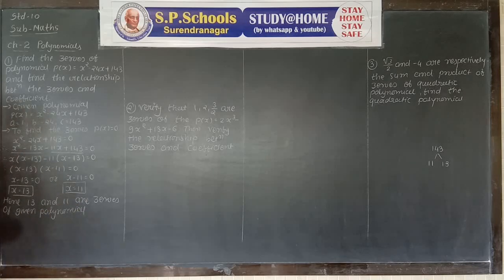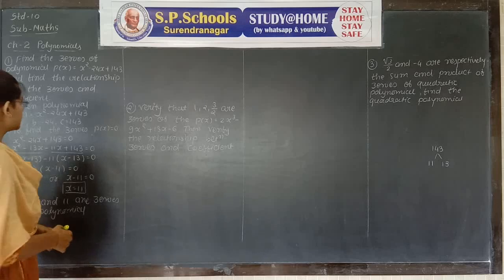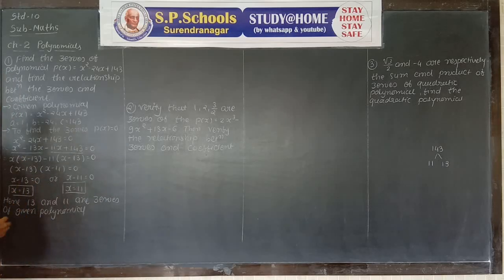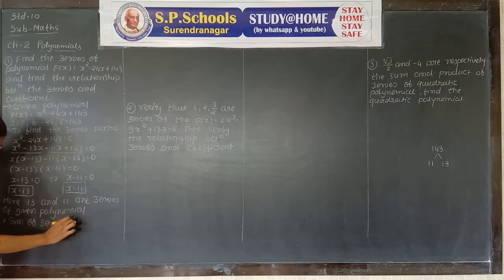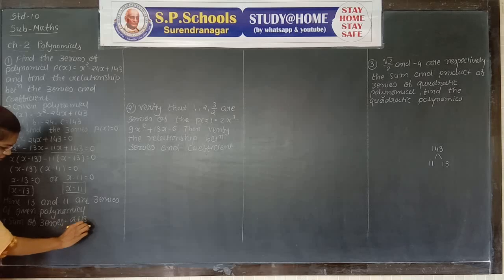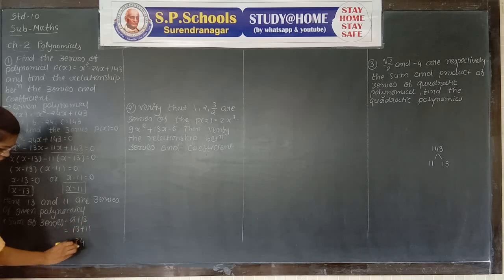Now we find the relationship between the zeros and the coefficients. The first relationship is sum of zeros is equal to alpha plus beta, where alpha is 13 and beta is 11. 13 plus 11 is 24.